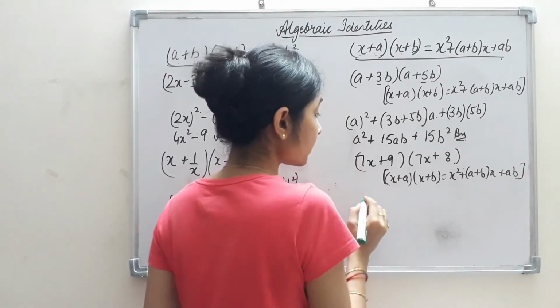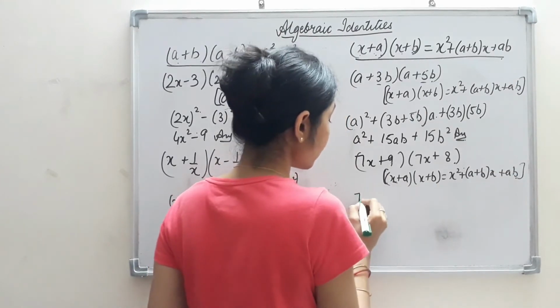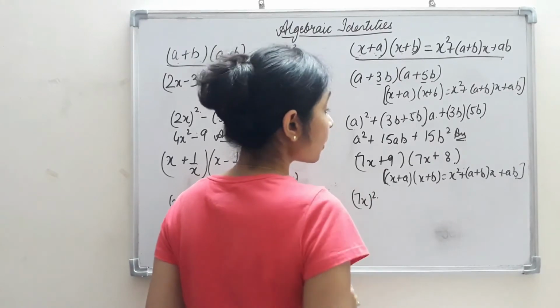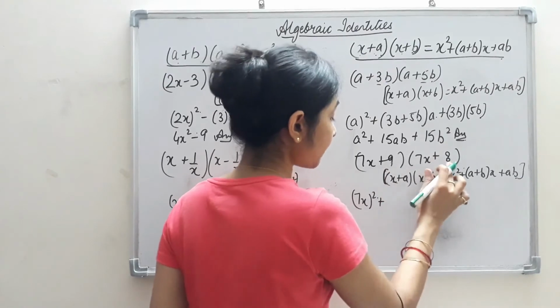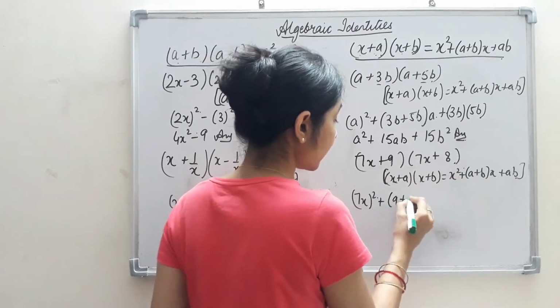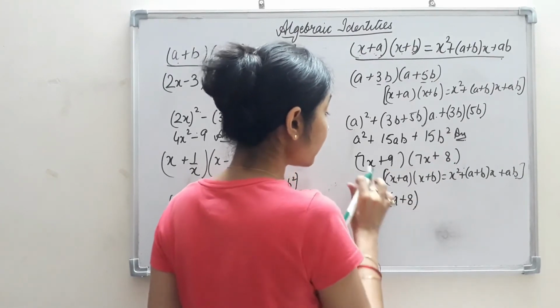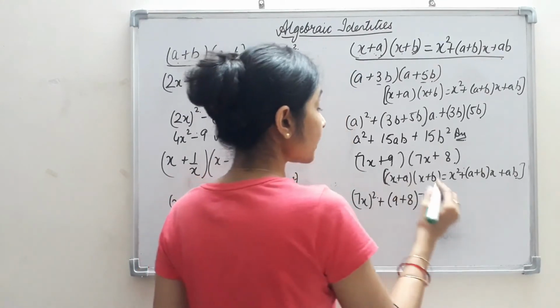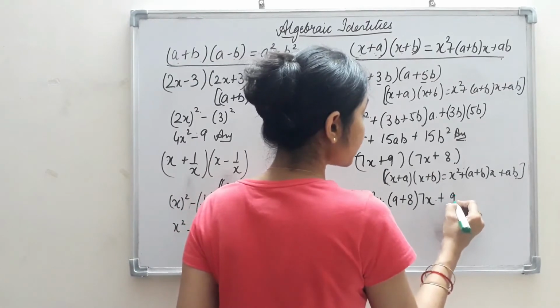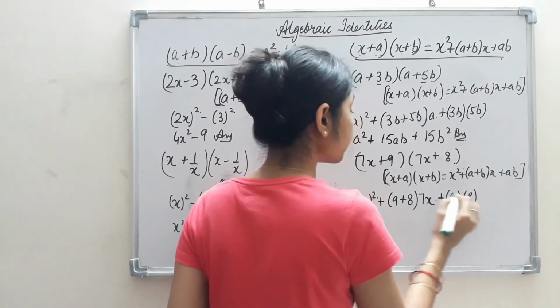So first we get the x square, so (7x) whole square, plus (a plus b), here we have 9 plus 8, multiplied by 7x. Now the last term is ab, that means 9 multiplied by 8.